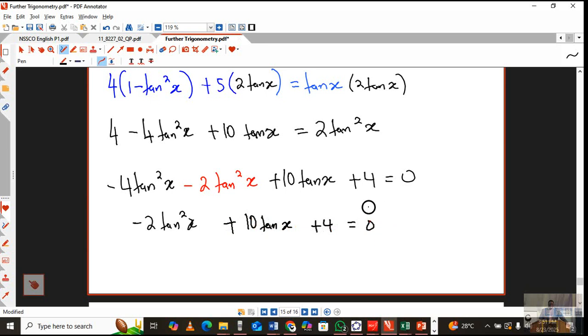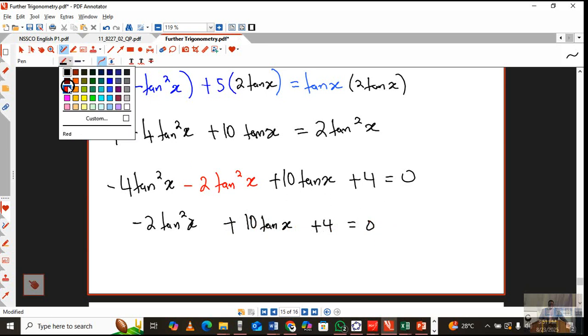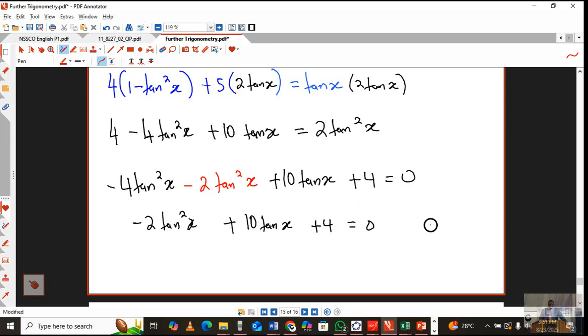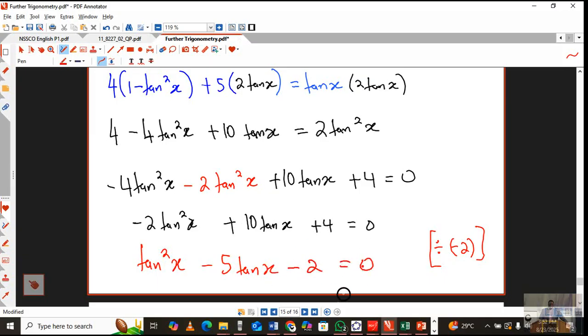Now we do not like that negative 2 in front, and 2 is a common factor, so I'm going to divide throughout by negative 2. If I do that, this becomes tan square x, and a positive divided by negative is a negative, and that's 5 tan x, and a positive divided by negative, that's negative 2, is equal to 0.